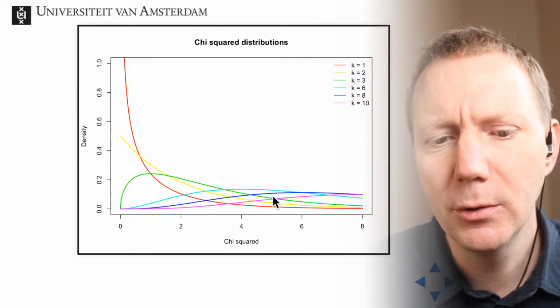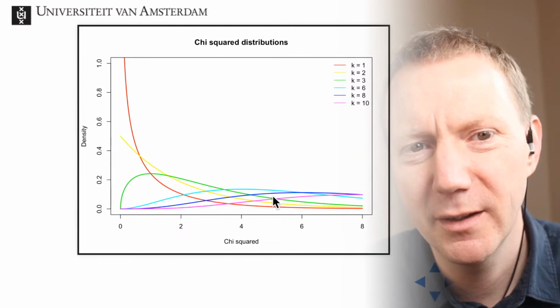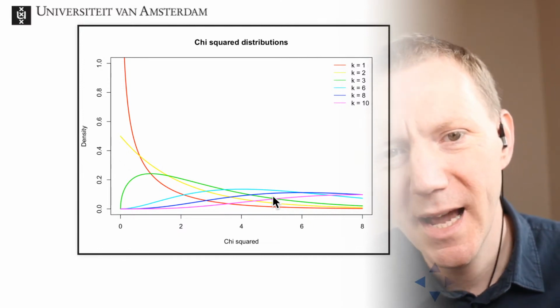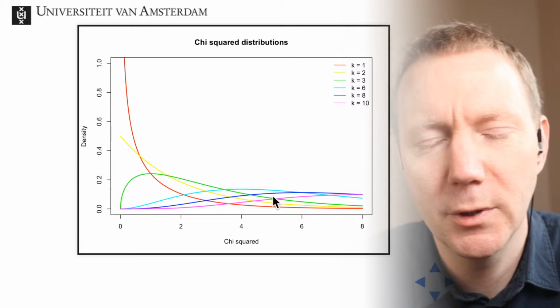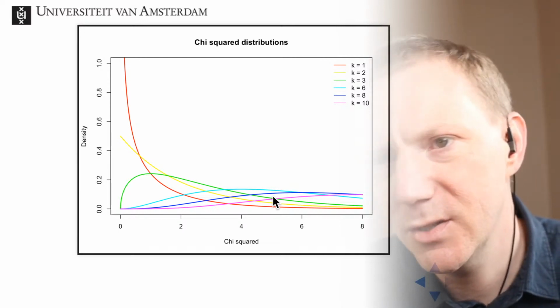The same holds in the interpretation of this null distribution and the results from our data as it did for the F values that we did and the t distribution.